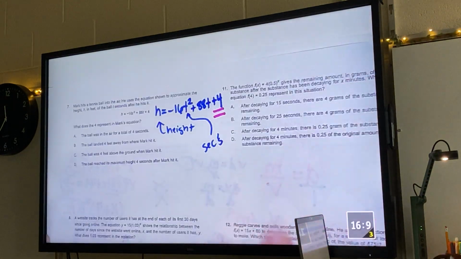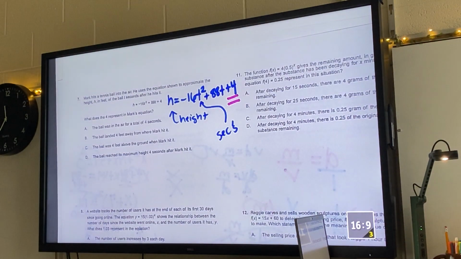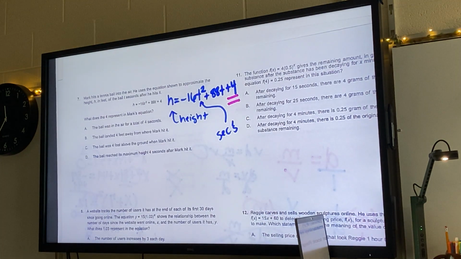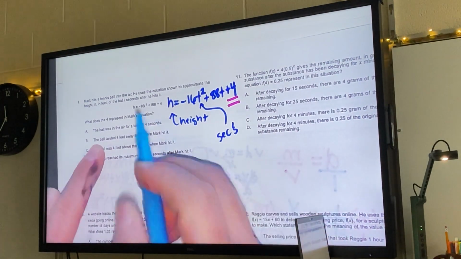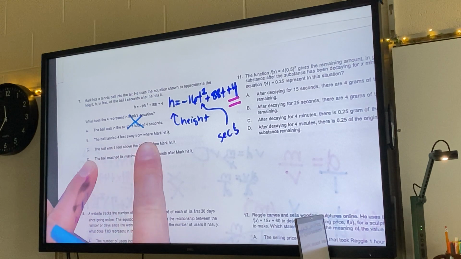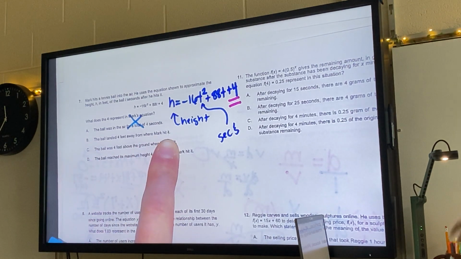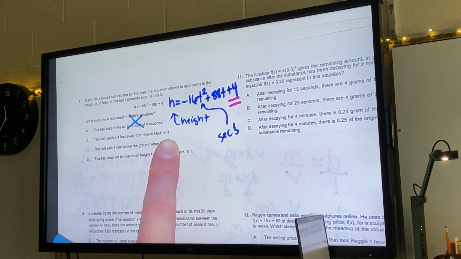So look at your answer choices. It says the ball was in the air for 4 seconds. Does that make sense? What variable deals with time? T. T deals with time because that's in seconds, so no. The ball landed 4 feet away from where Mark hit it. We don't know anything about horizontal distance.